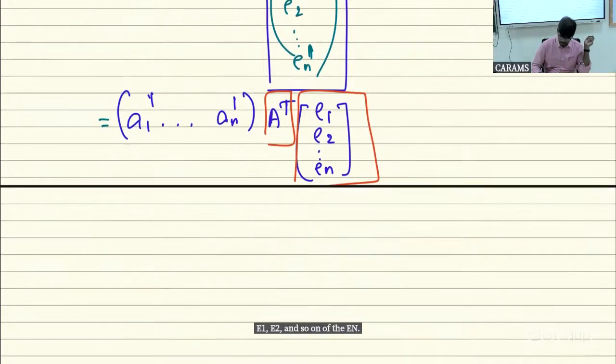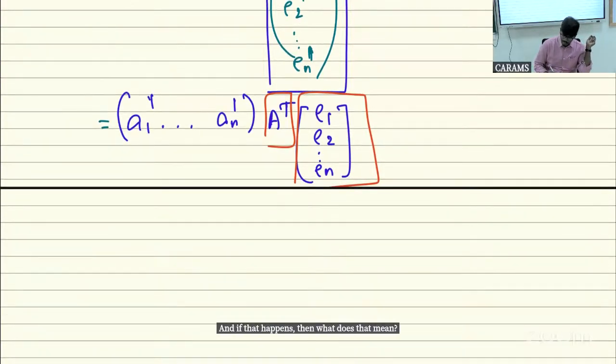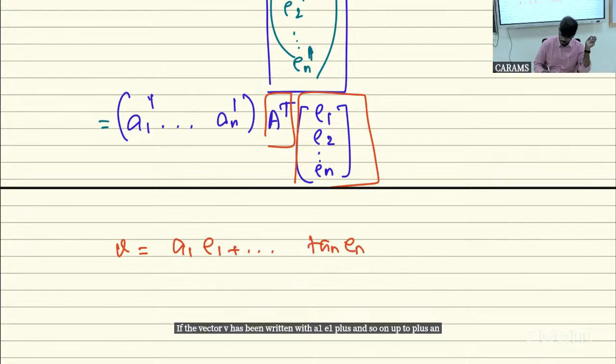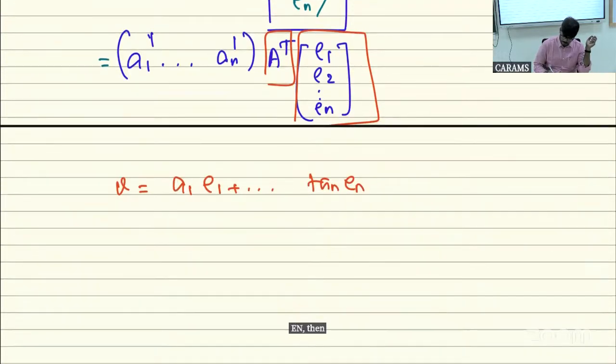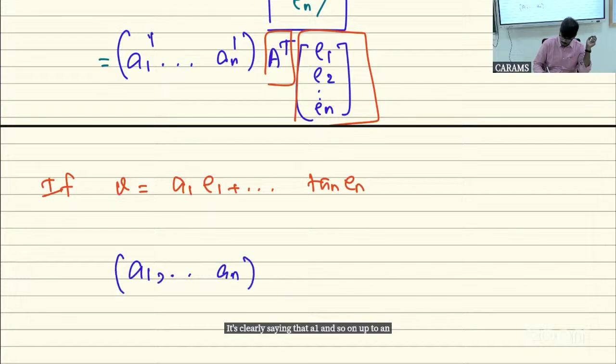If the vector V is written with A1 E1 plus and so on up to plus AN En, then it is clearly saying that A1 and so on up to AN must be equal to this.